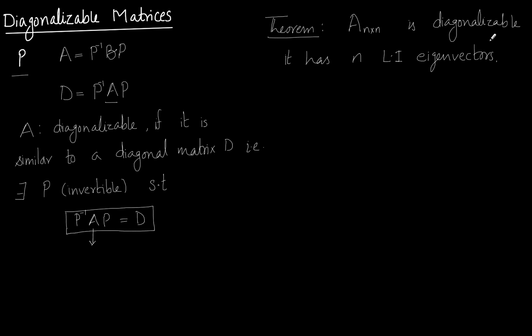It means a square matrix A of order n in general is diagonalizable if and only if it has n linearly independent eigenvectors.